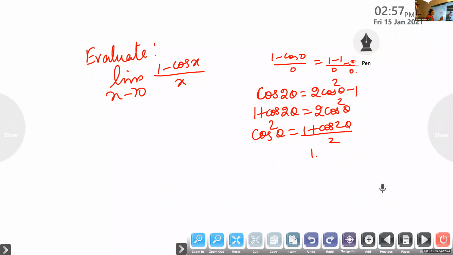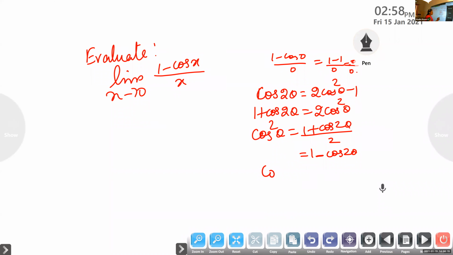Similarly, what is 1 minus cos 2 theta? Nandana? Whenever we have minus, it's 1 minus cos 2 theta.